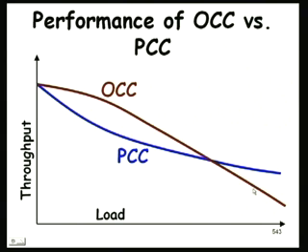Therefore, under low load situations, an OCC protocol would be preferable. If we design a real time system where the database would always be lightly loaded, we can use an OCC protocol, but if there are chances of some high load situations, then the pessimistic protocol would have to be used.